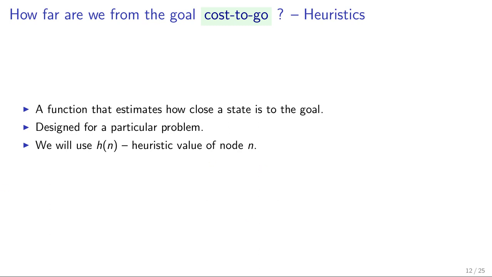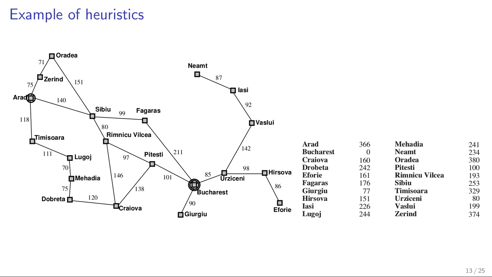So we go back to the example of the cities in Romania. We have cities on the map of Romania, and we have the distances on the road.